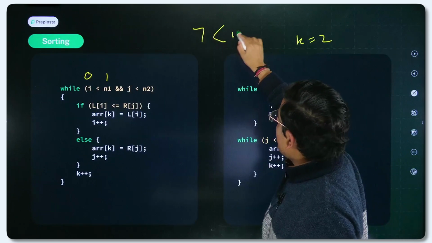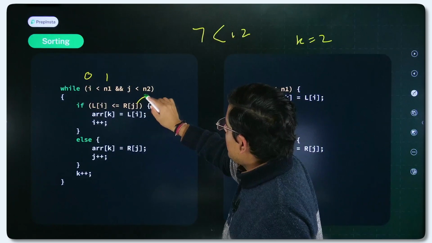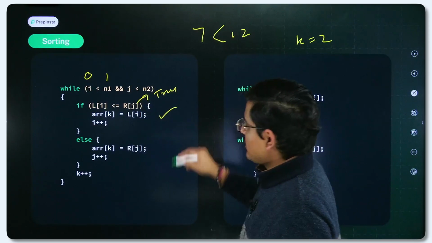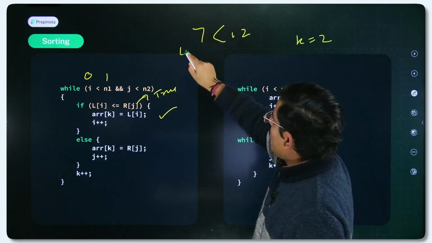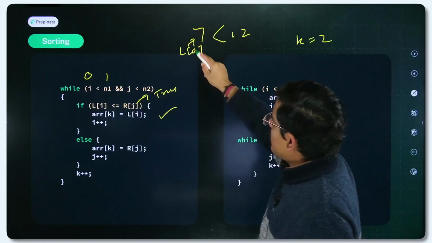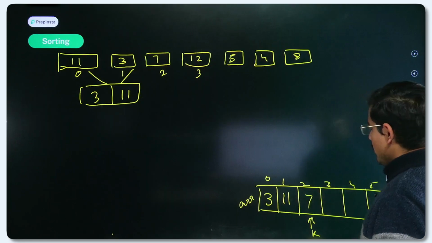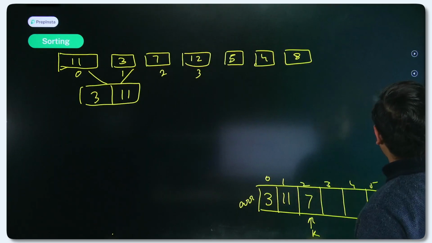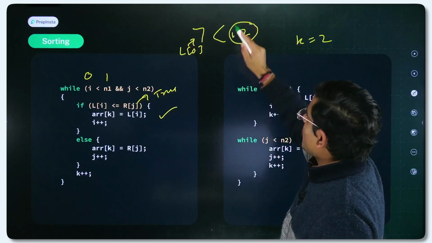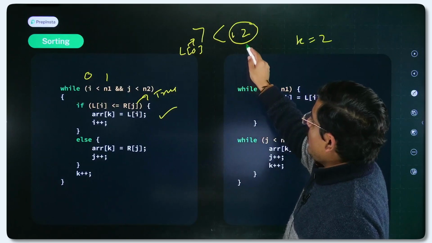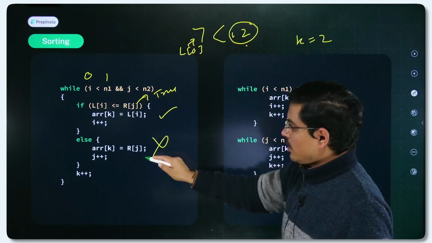So 7 is less than 12, this is true, this will execute. So what will happen? Array of 2 will have L of I, which is L of 0. So this would be stored at array of K.